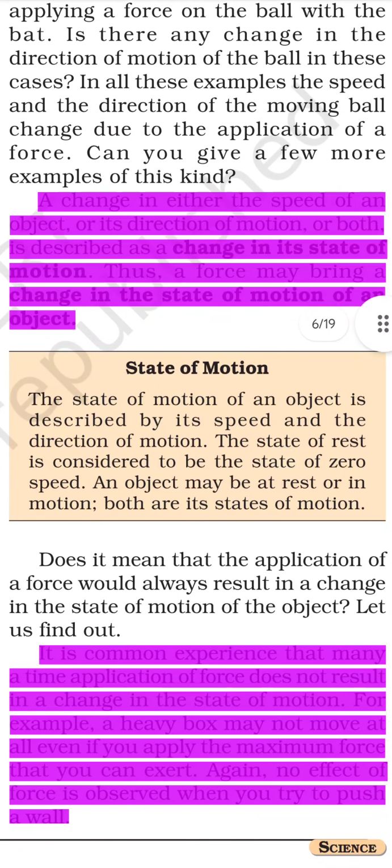Next, does it mean that the application of a force would always result in a change in the state of motion of the object? Let us find out. It is common experience that many a time application of force does not result in a change in the state of motion.